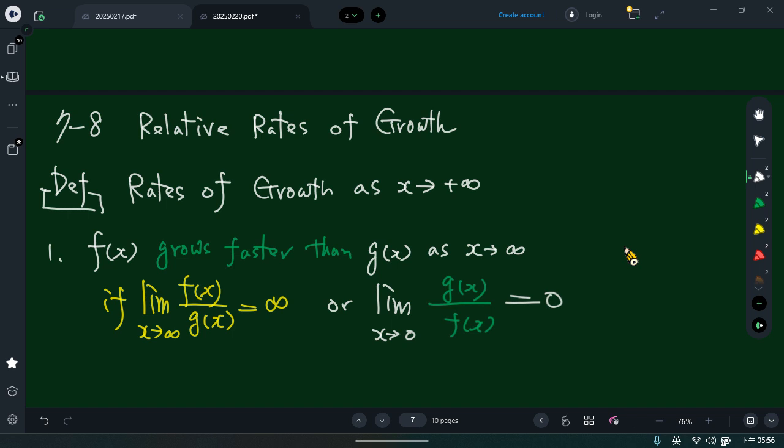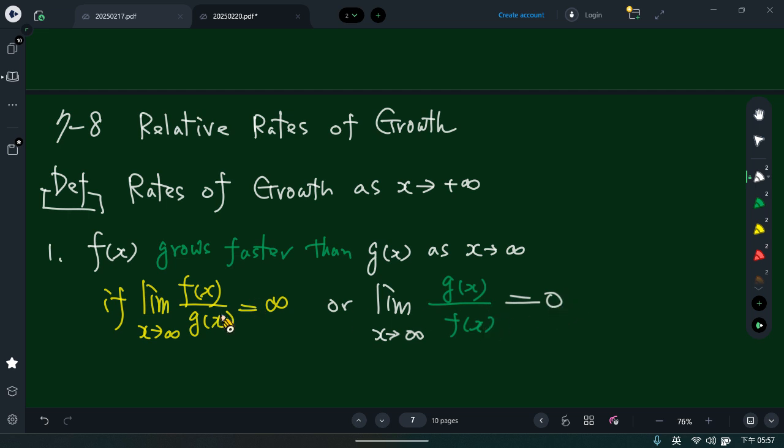It's easy to understand: if s is very large and the ratio finally becomes infinite, that means f(s) is faster than g(s). Or turn it upside down, moving f(s) and g(s) to the opposite positions, and the result should be 0.